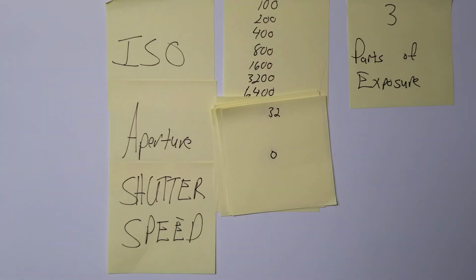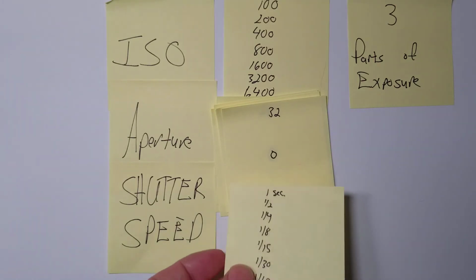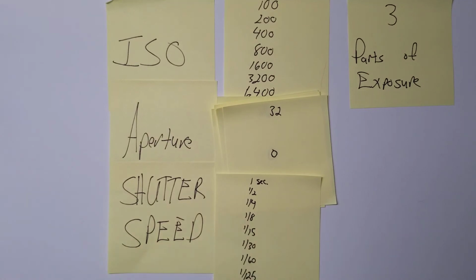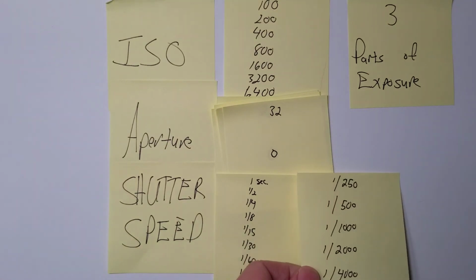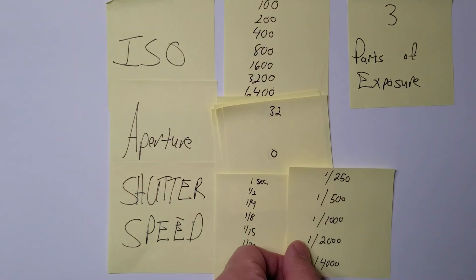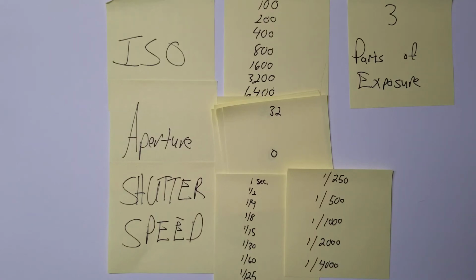What do I mean by shutter speed? Shutter speed is how long the shutter is open, and it's usually based on fractions of a second. I just start here at 1 second, but then it goes like half, quarter, 8. It doesn't go 16th, it goes 15th, right?